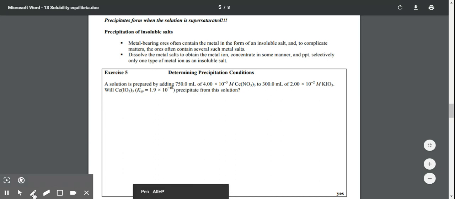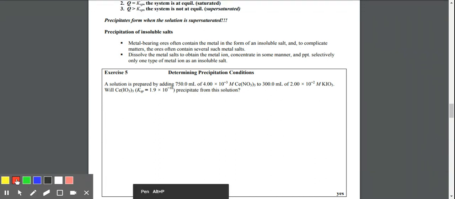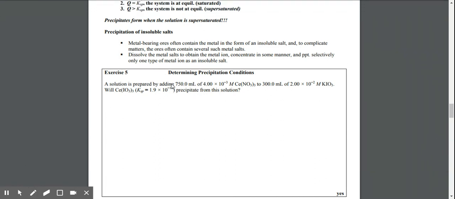So what I have given here is a value of CeNO3 and KIO3. Well, when I mix these two, the solid that's going to form from that is CeIO3. So let's write that down: CeIO3, and we'll have a 3 out there.